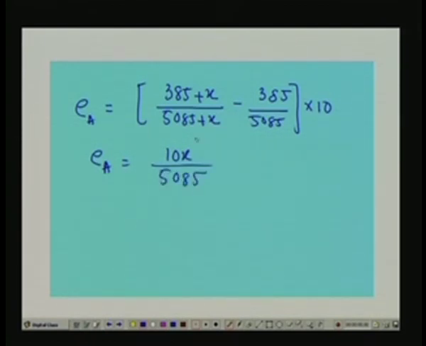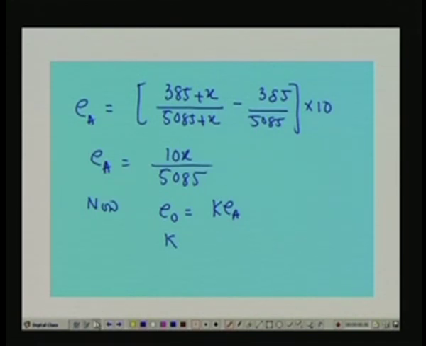Now, what will be the gain of the instrumentation amplifier? You see that the output of the instrumentation amplifier we can write EO equal to K into EA, where K is the gain of the instrumentation amplifier.